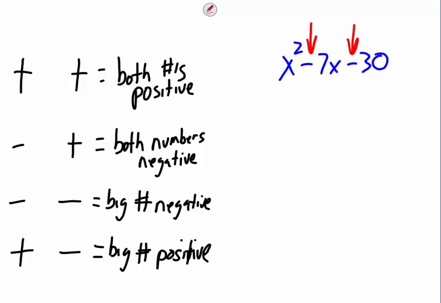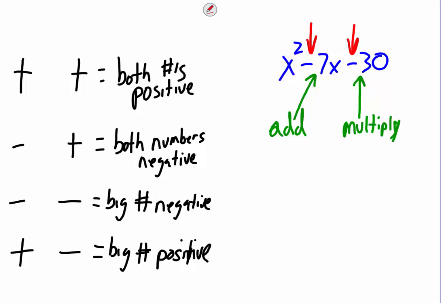On this first problem, I'm going to break it down quite a bit and go a little faster on the next two. This number right here is the number that I want to find two things that multiply to. And then this number right here, and make sure we understand that it includes the signs, is where I want two numbers that add to this.